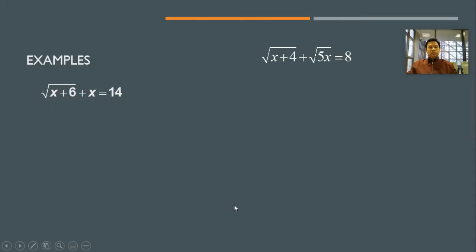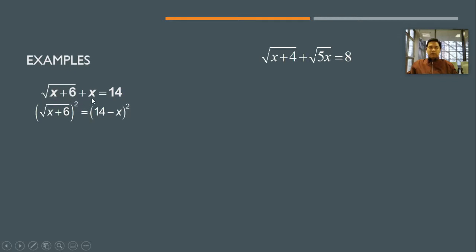So here are some more examples. This time we have another variable term without the radical. Here we have two separate radicals. So let's proceed with solving this. The idea is again to isolate that radical.